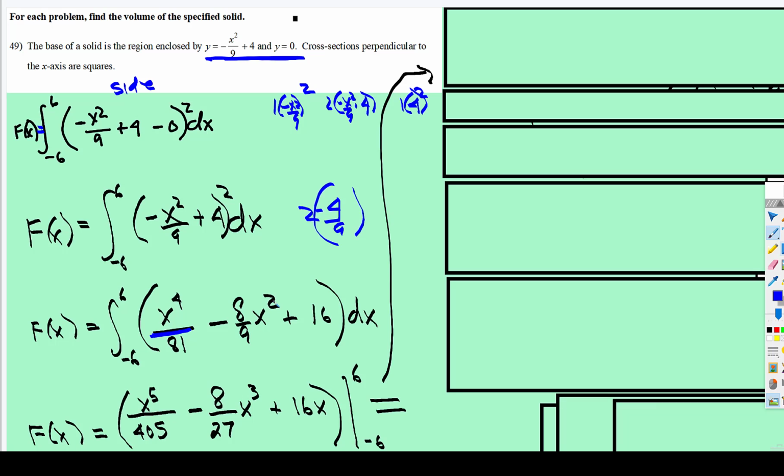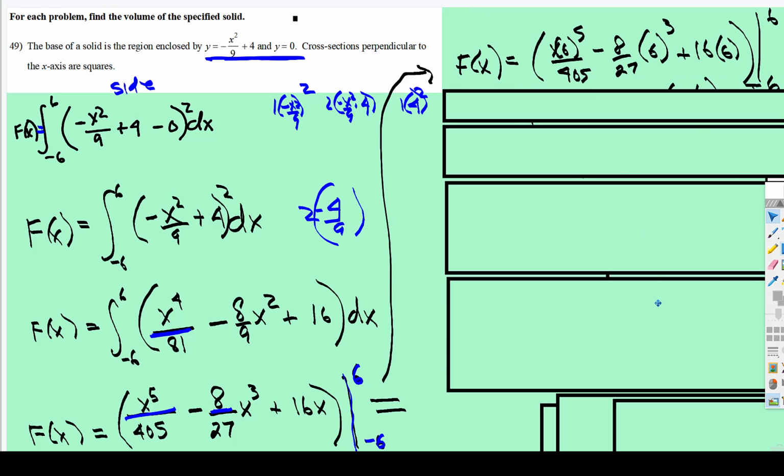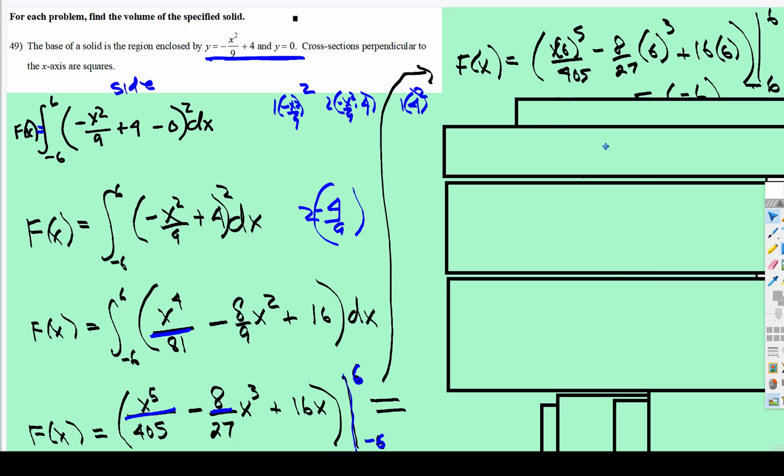And then we add 1 to the exponent 2 of the x squared, which is 3, and divide by 3. Well, 9 times 3 is 27. So that takes care of the second term. And then the integral of 16 is 16x. And all of that is from the lower bound to the upper bound. All I did was rewrite it right there.